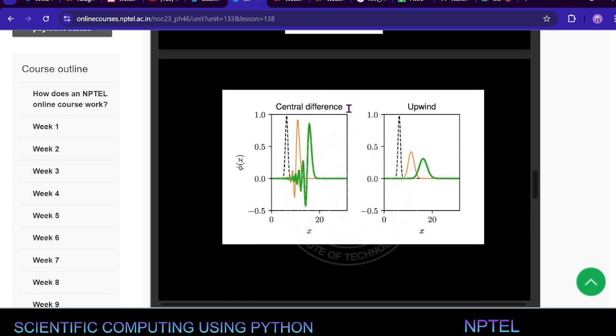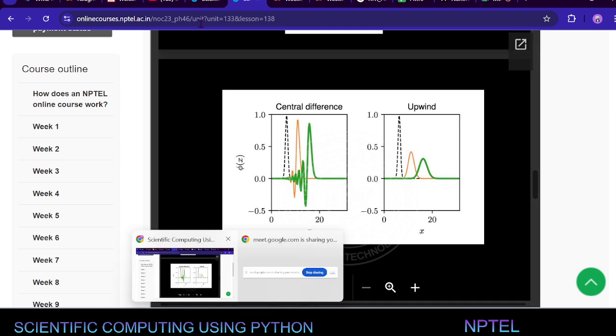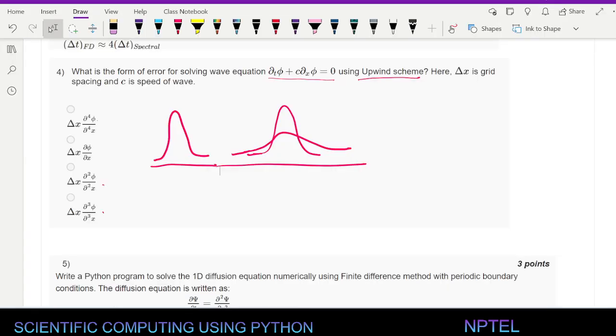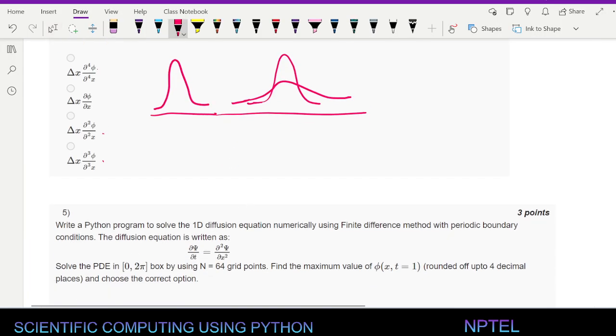For central difference, you see these extra Fourier modes, which are due to the third derivative, and in upwind, your wave attenuates and spreads out. So that's like diffusion, right? There is this diffusive term, which is del 2 phi by del x 2, the second derivative. So the correct answer is number 3.